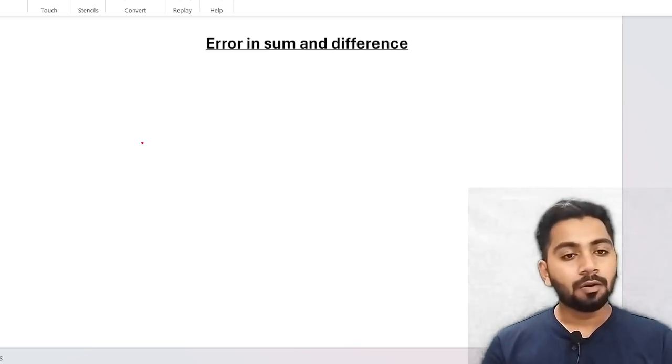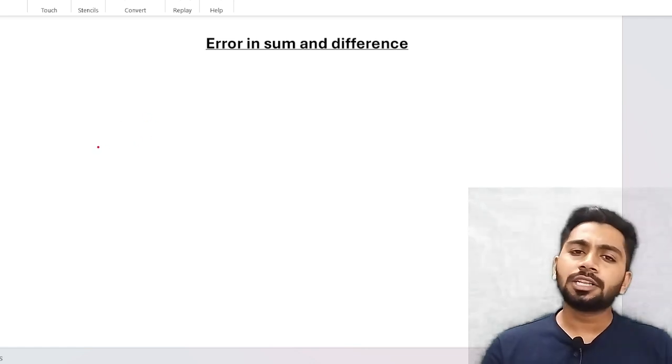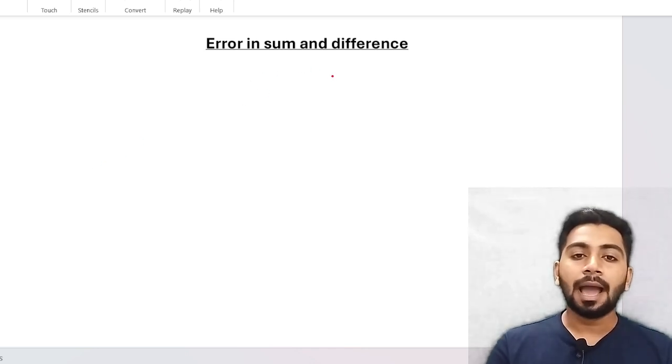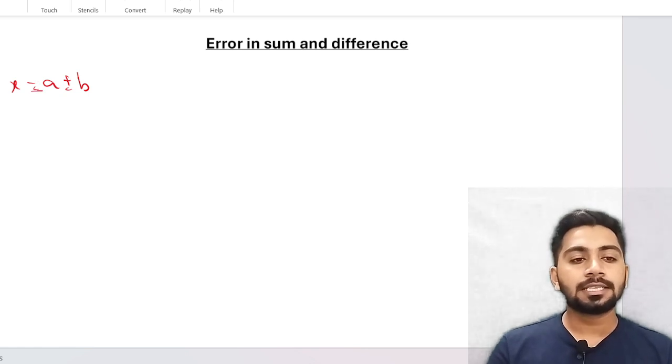Okay. Now let us see. Just now you learned all the errors. Let us see the addition and subtraction of the errors: errors in sum and difference. See, errors in sum. I will take x is equal to a plus or minus b. These are normal numbers.